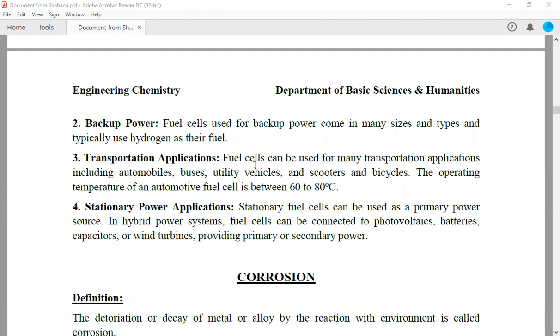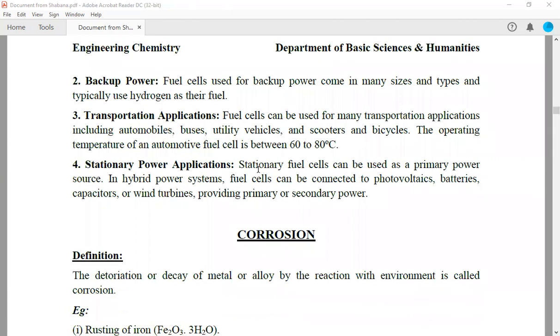Transport applications: fuel cells can be used for many transportation applications, including automobiles, buses, utility vehicles, and scooters and bicycles. The operating temperature of an automotive fuel cell is between 60 to 80 degrees centigrade.